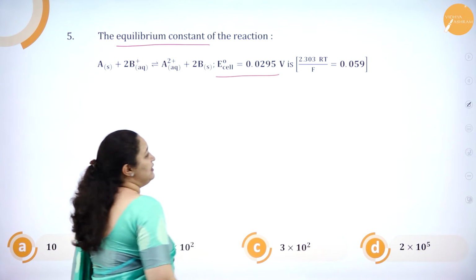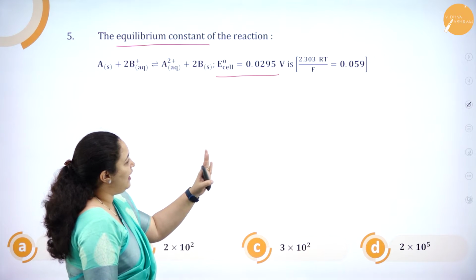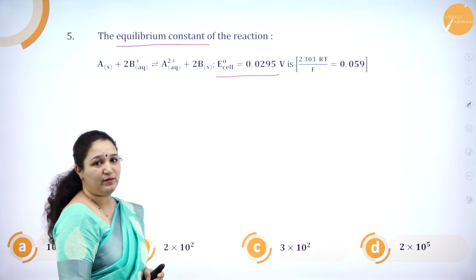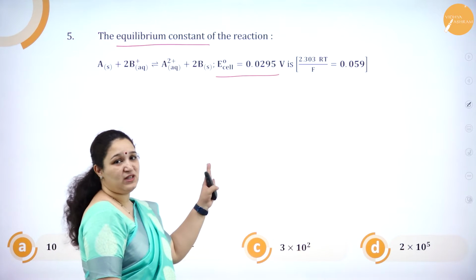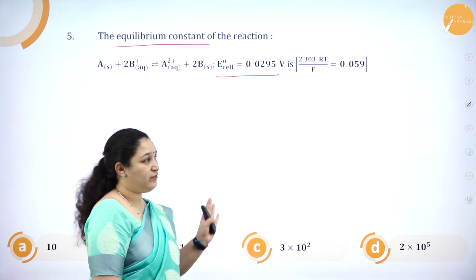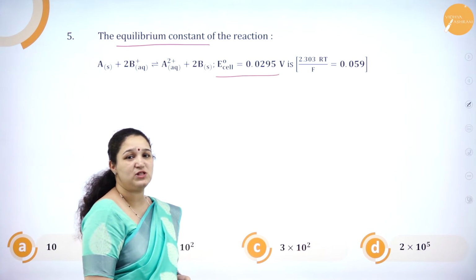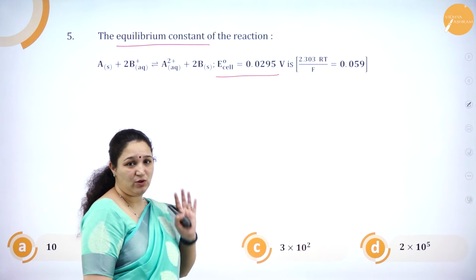E naught of the cell is given, and they have given a hint that 2.303 RT by F is 0.059. Correct? That is, R value is put, temperature at 298 Kelvin is put, Faraday 96,500 if you put and solve that, you will get it as 0.059. So that only you have to take in the formula, they have given a hint.